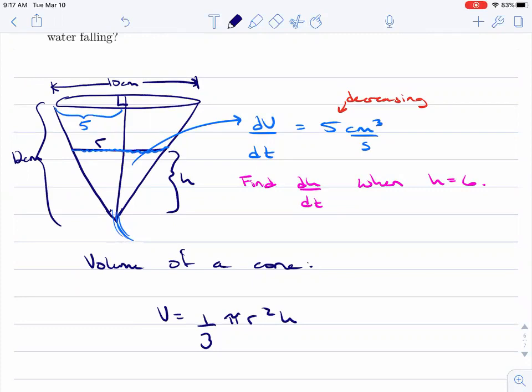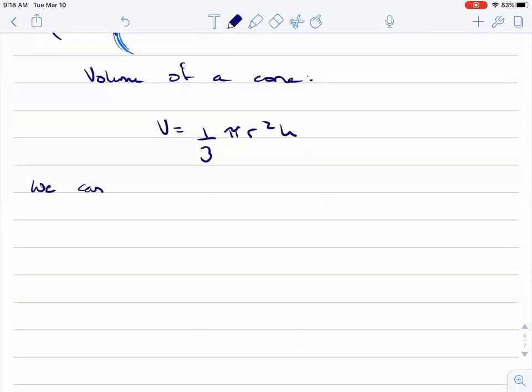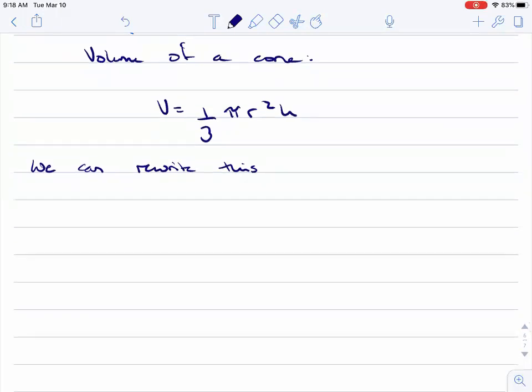The one I'm not really interested in keeping is the r, so we can rewrite this by replacing r with a function of h.